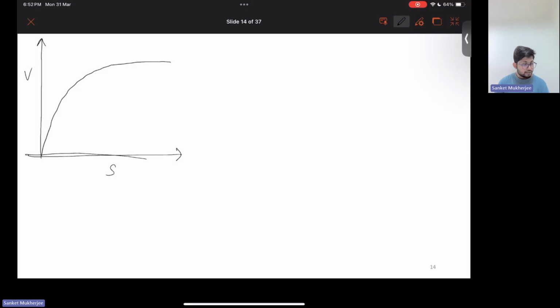If you look at the graph of this kinetics, if this is V and this is S, inhibition looks like this.